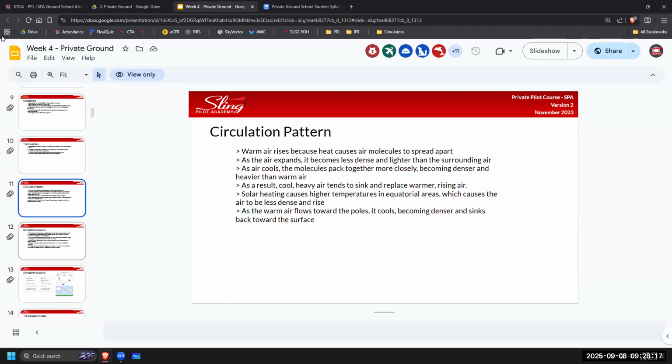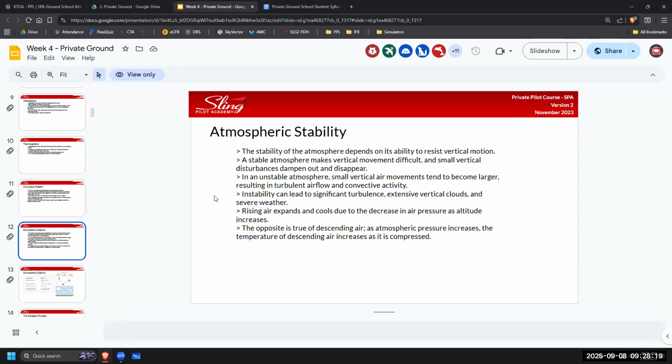We need to get to all of these, but stability. For atmospheric stability, this is the most important part that you need to write down and highlight. Stability of the atmosphere depends on its ability to resist vertical motion. Stability equals ability to resist vertical motion.